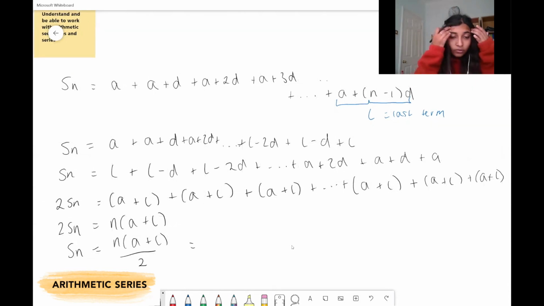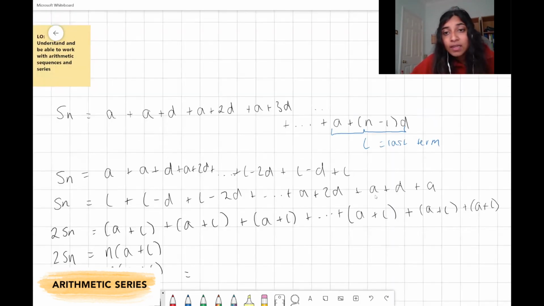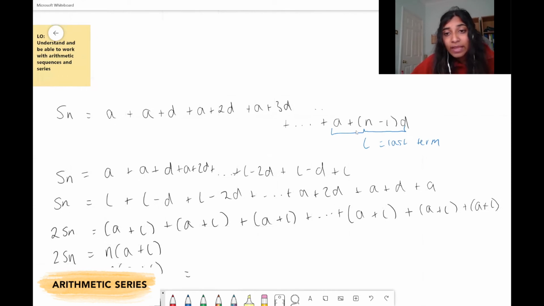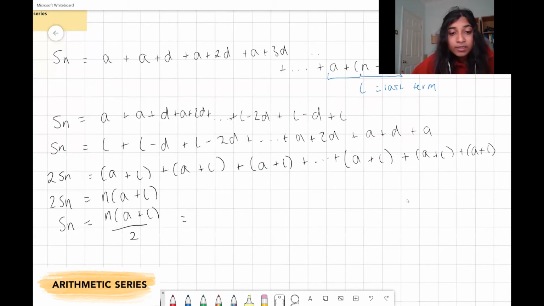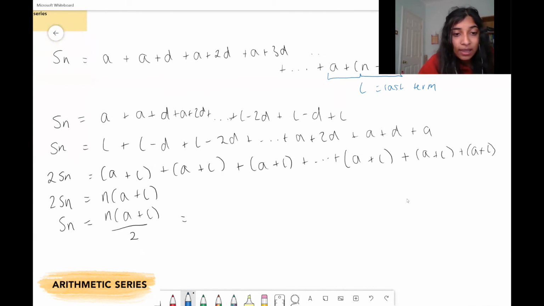You could also rewrite this in another form. As we said here, L is equal to a plus (n minus 1)d. So if we sub that in as L, we would have n times (a plus a plus (n minus 1)d) all over 2.